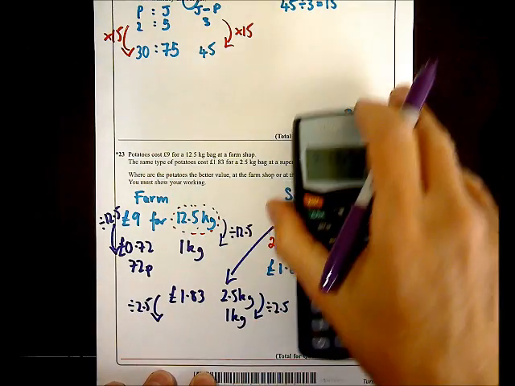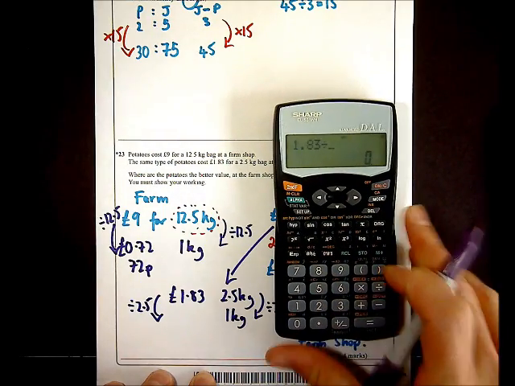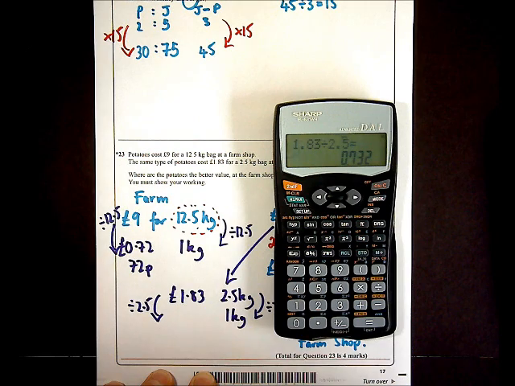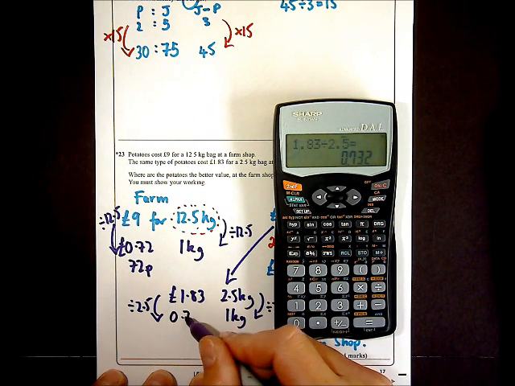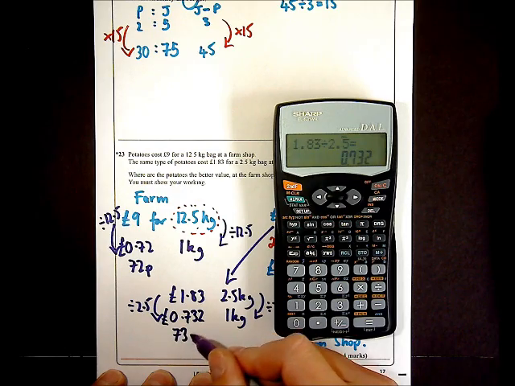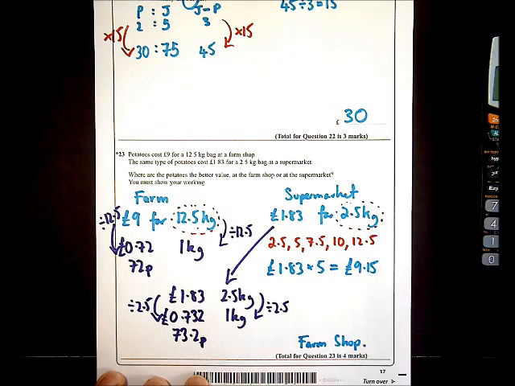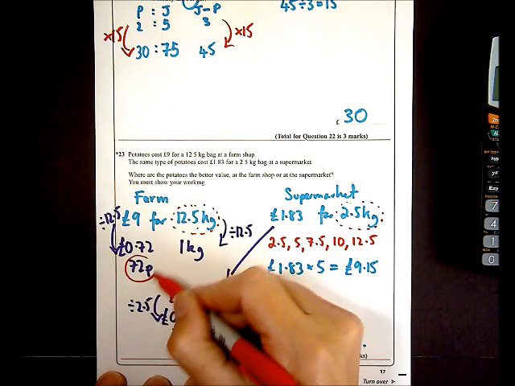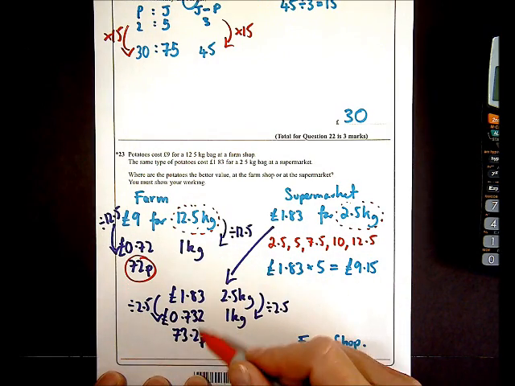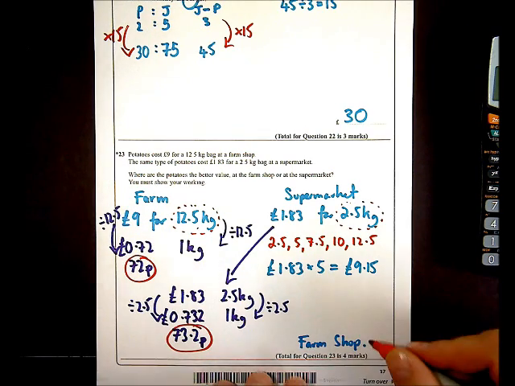So again, 1.83 divided by 2.5, and I get 0.732. And again, that's in pounds, and that will be 73.2 pence. And again, I can see from that that it is cheaper to buy 1 kilogram at 72p from the farm shop than it is to buy 1 kilogram at 73.2p from the supermarket. Same answer, just a different method.